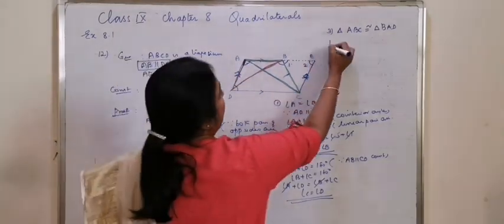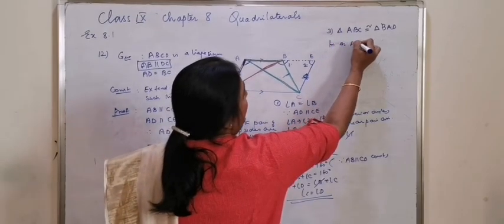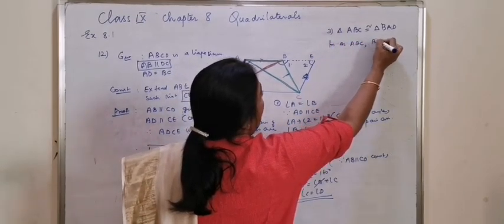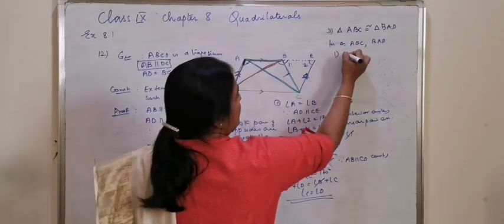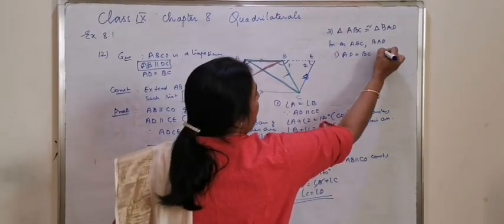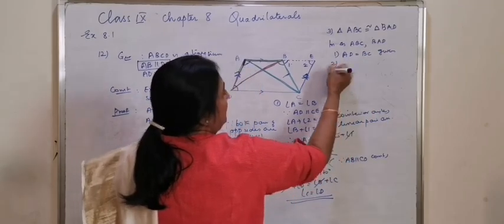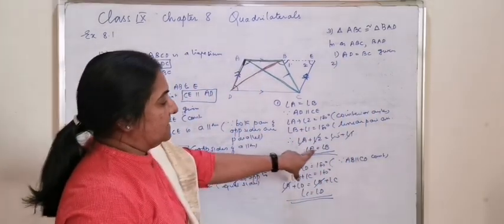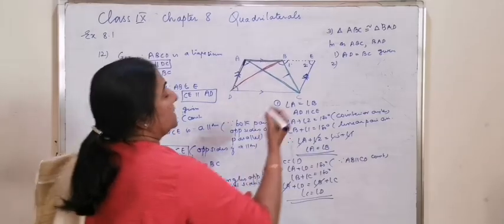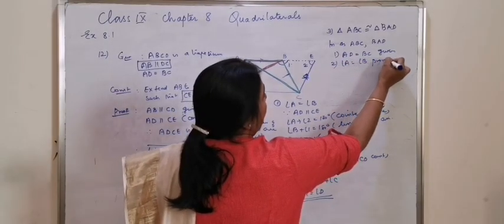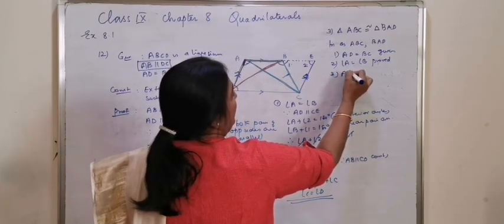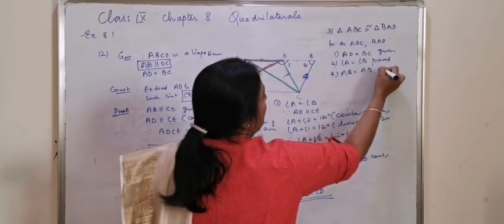So in triangles ABC, BAD, the first condition is AD is equal to BC, that is given condition. Number 2, angle A is equal to angle B, proved. And the third condition, AB is equal to AB, common.